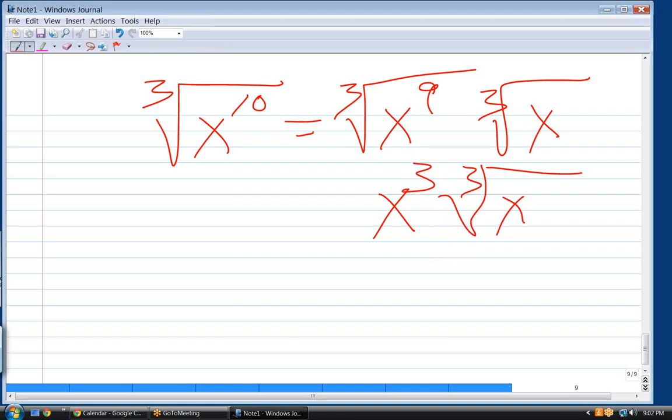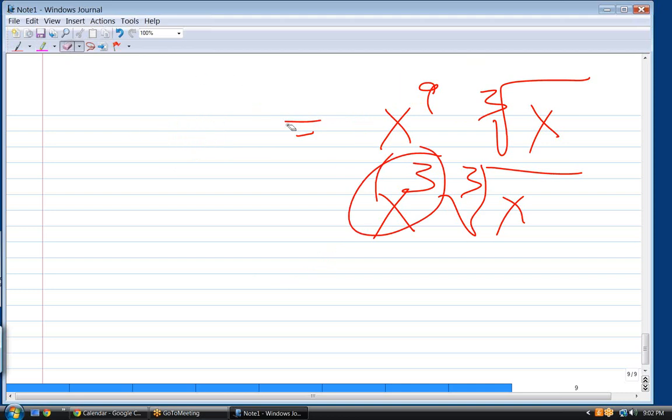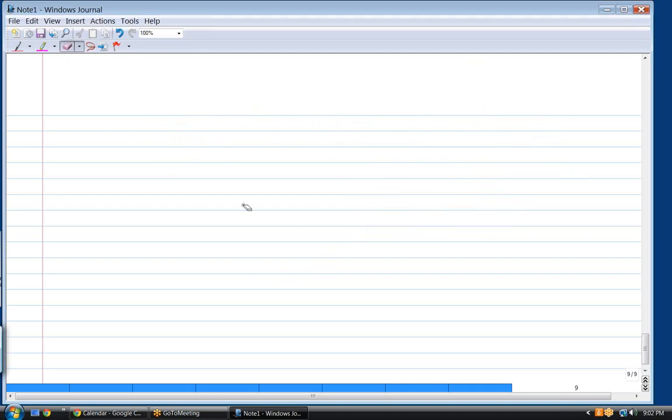Right, I forgot you add exponents when you're cubing stuff or squaring stuff, but when you're taking a cube root, you basically divide this exponent by 3 to come up with that. We don't really want to deal with that if you're not going to see it on a test, but I thought you might end up seeing that.